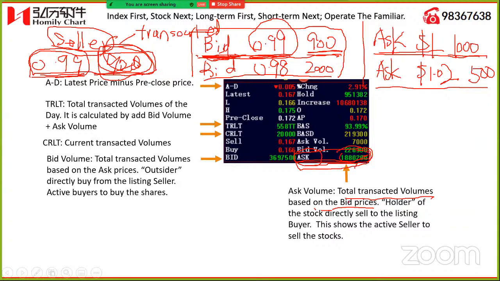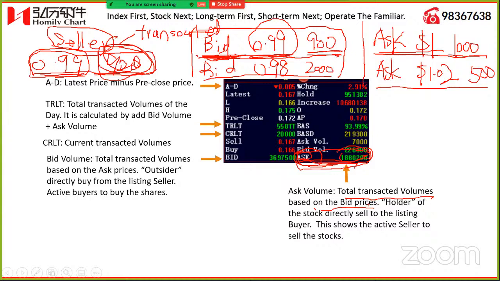So the ask volume will be the total, and this ask volume is accumulating the overall total transacted volume based on the bid price.